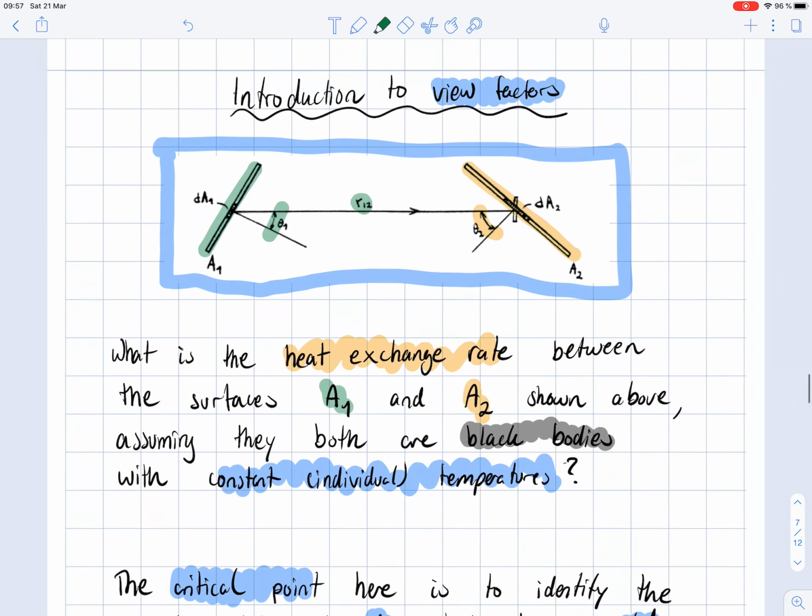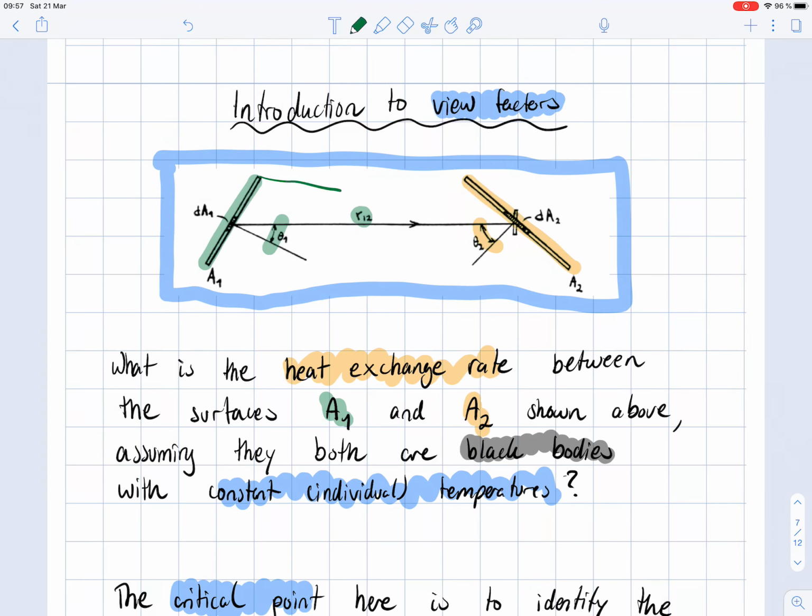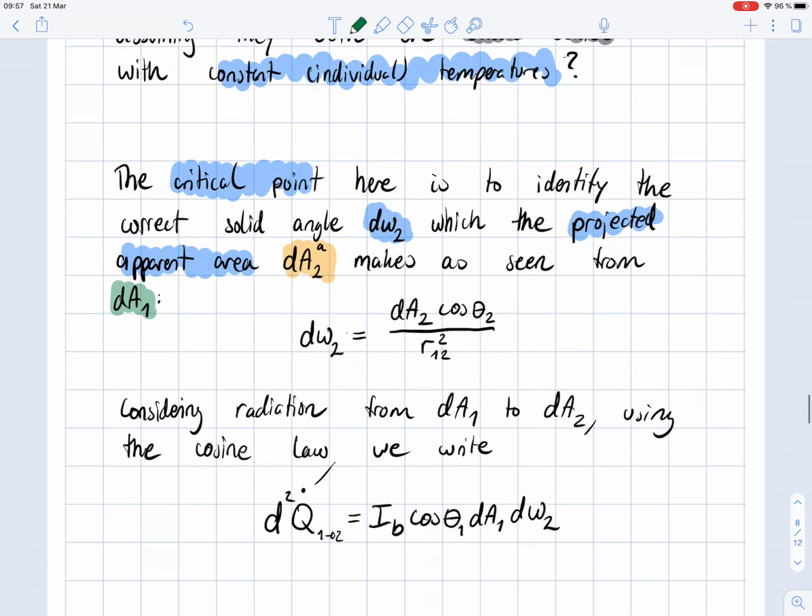So if you go back, A1 sort of has a field of view. How does this field of view observe A2? For that we need the solid angle.